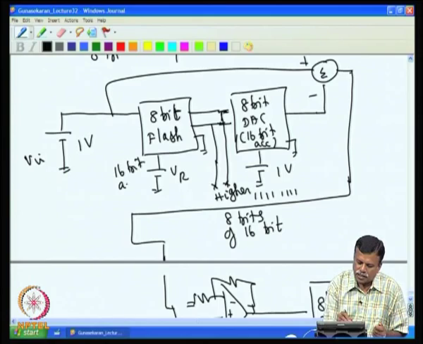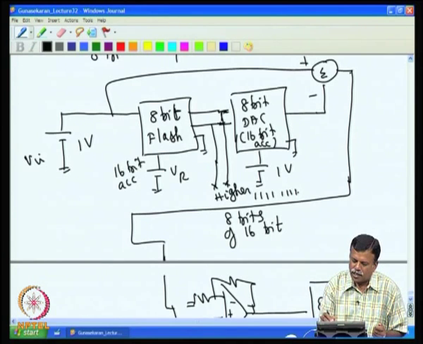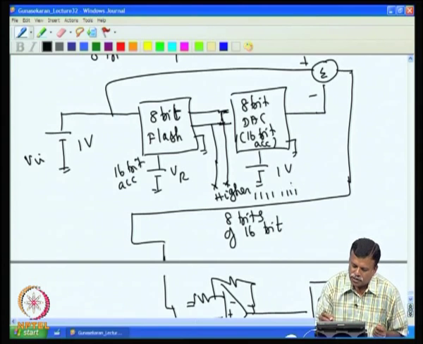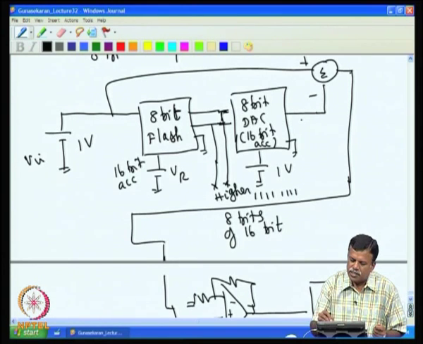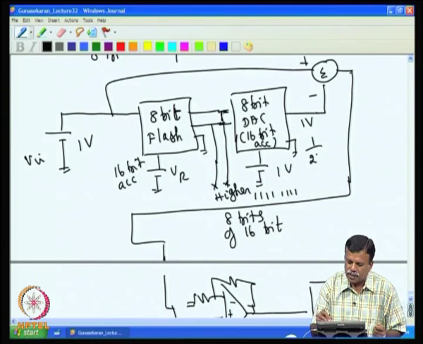The final output, when this is converted, is not going to be 1 volt; it will be 1 volt divided by 2 power 8, that is 1 LSB, less. So, 1 LSB error would have been left and you would have got 4 millivolt.